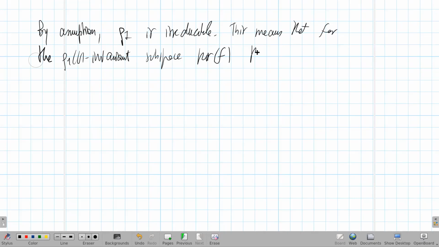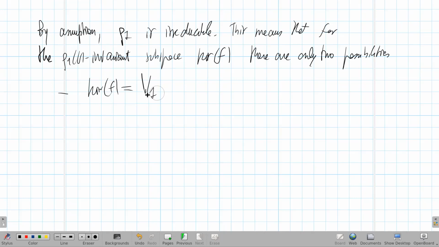There are only two possibilities. The first possibility is that the kernel is, no, sorry, this is the second one, this is the whole of V1, okay? Because irreducible means that the only rho 1 of g invariant subspaces of V1 are the obvious ones, either 0 or the whole space V1. So this is one possibility.